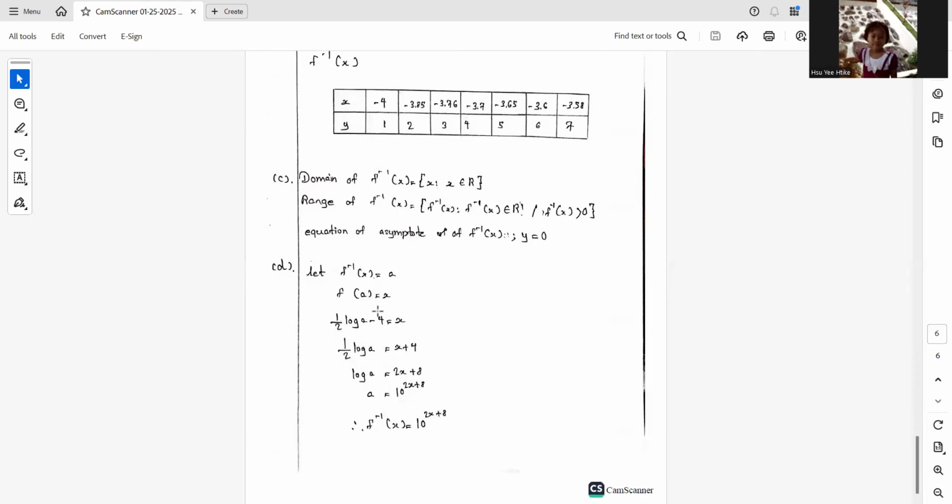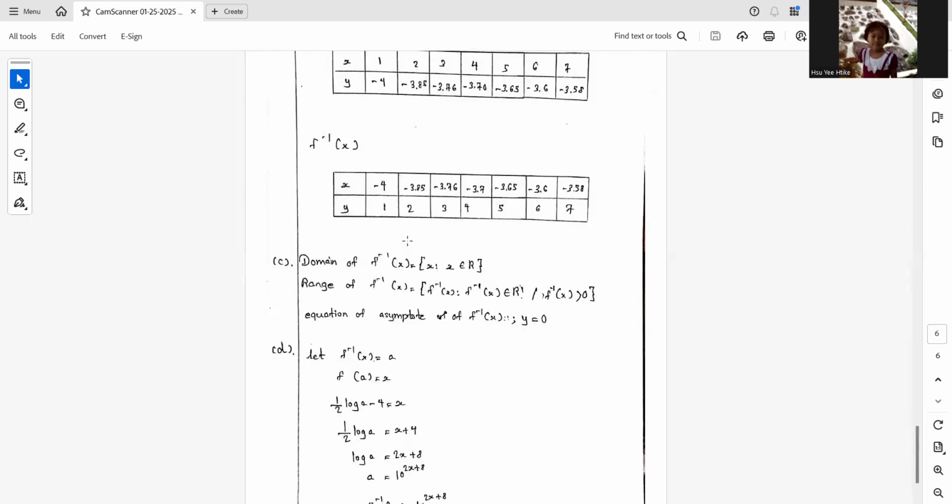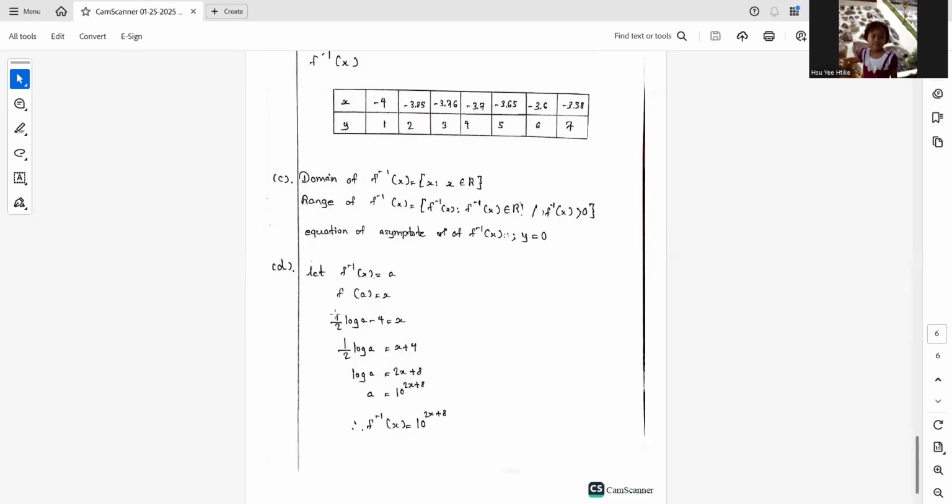Okay, for D, I have to make an equation for f inverse of x. So I let f inverse of x be a. So we get f of a is equal to x. I put a in the function f. So we get half times log of (a minus 4) is equal to x. In the next step, I add 4 on the right side of the equation.